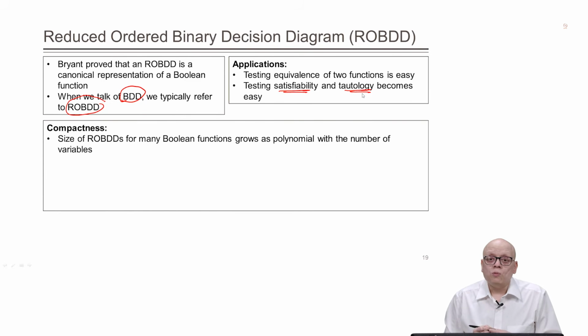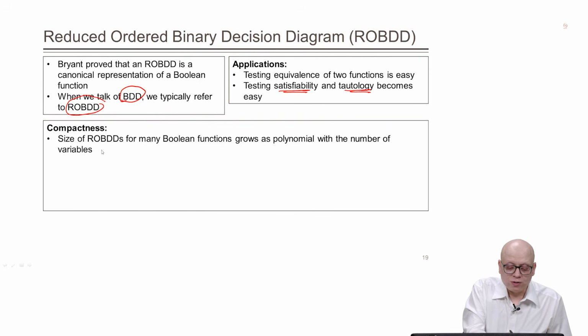And what about the compactness of a BDD or ROBDD? We have seen that ROBDDs are canonical, which is a very powerful tool for formal verification. But what about the size of the BDD?